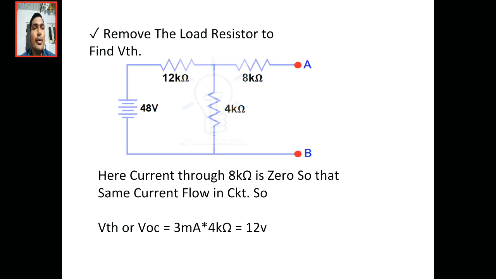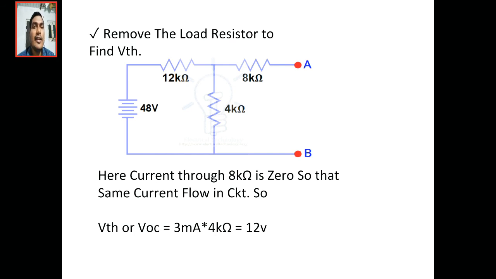So I have removed it and given terminals A and B. Now, looking from A and B, the voltage across A and B is the same as the voltage across the 4 kilo ohms, because the 8 kilo ohms is inactive. So the voltage across the 4 kilo ohms is the voltage VAB.